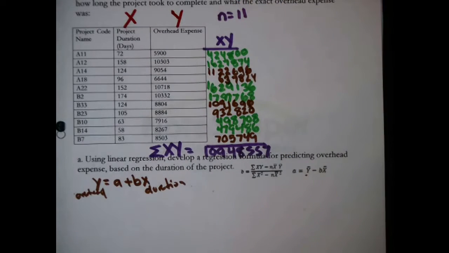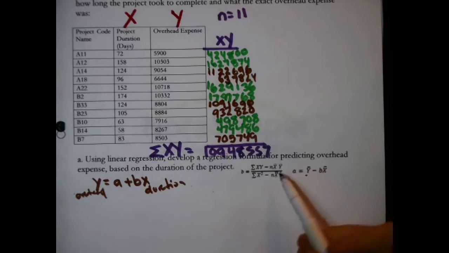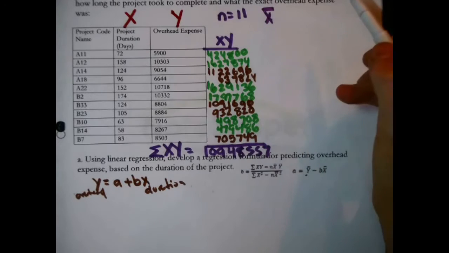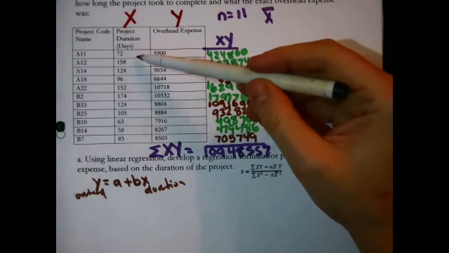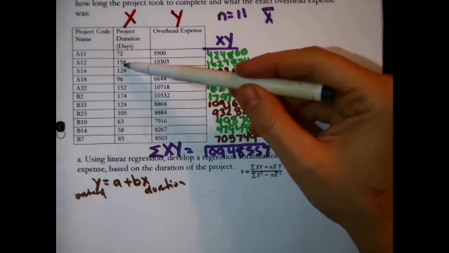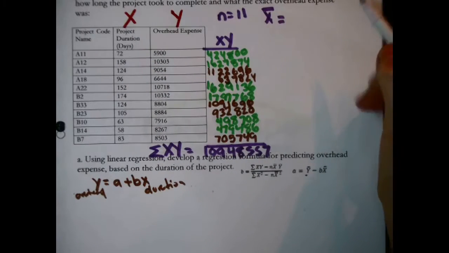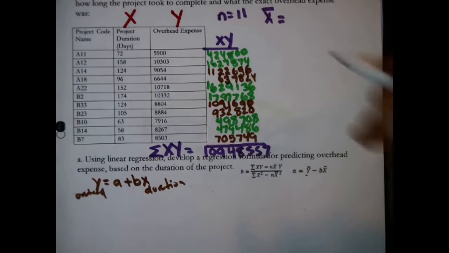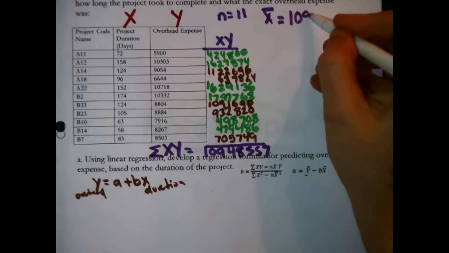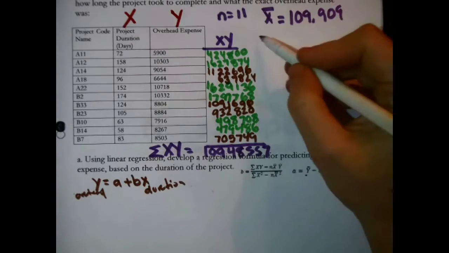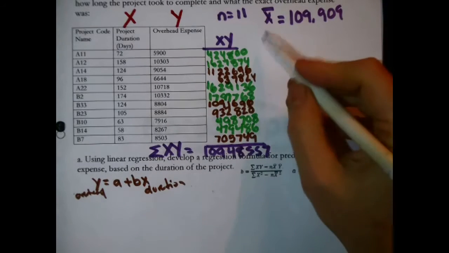n is 11. We need the average x. That would be the average project duration over these 11 projects, or just average these numbers right here. I did that. The average duration I got was 109.909 days. And we also need, you can see it right there, the average y.